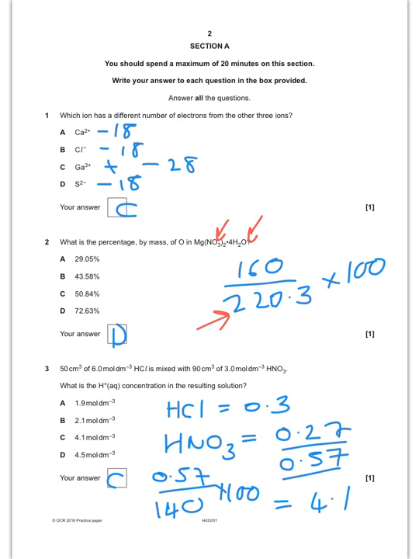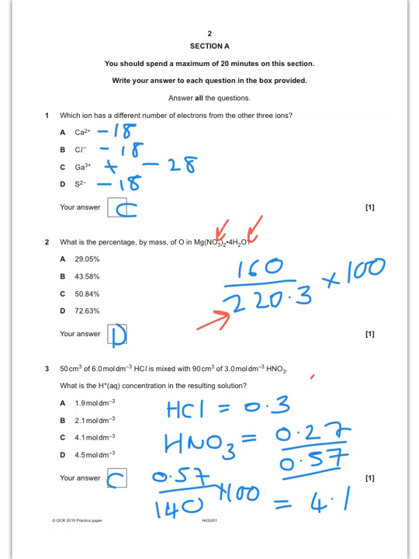Okay, so number 3, we've got 50 centimeters cubed of 6 mole per decimeter cubed HCl, and we're mixing it with 90 centimeters cubed of 3 mole per decimeter cubed nitric acid, and we need to work out the H+ concentration. So they're both monobasic acids, so that makes it slightly easier for us.